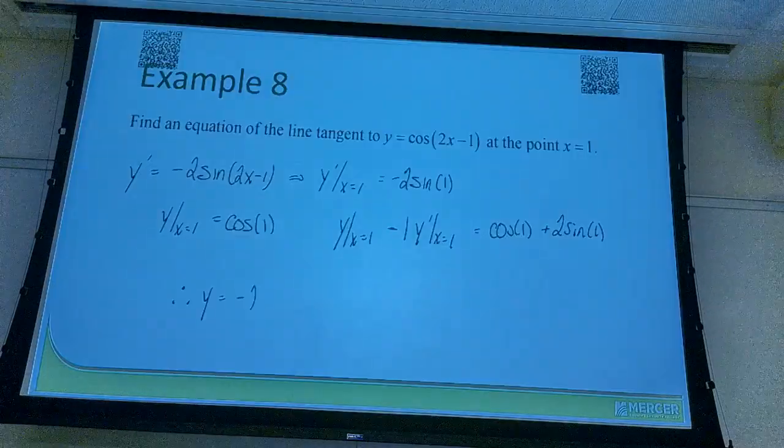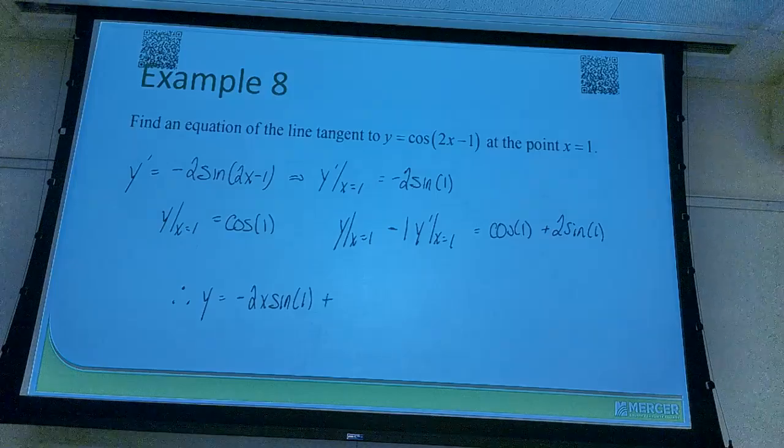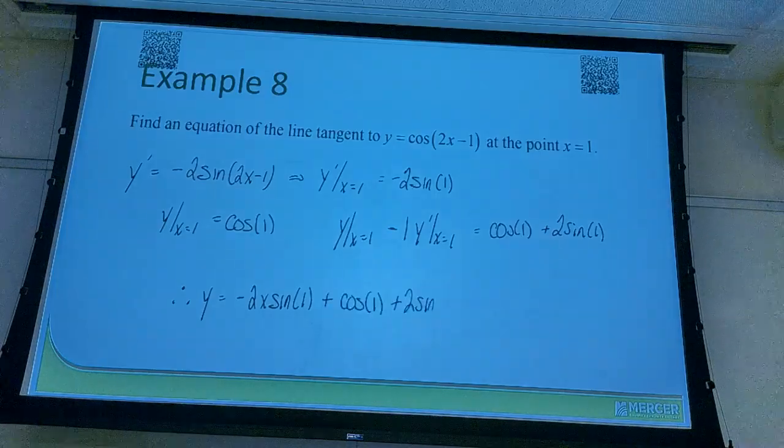Negative 2x sine of 1 plus cosine of 1 plus 2 sine of 1. How's our tangent?